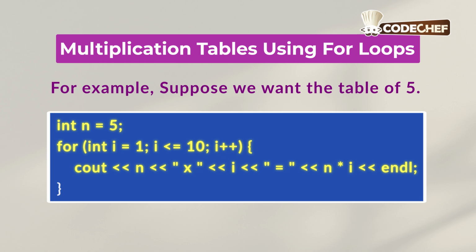Extraction operator, value of n multiplied by each value of i, and then endl, so that the result for n multiplied by all the different values of i appear in different lines. And then semicolon, curly brace close for the for loop. So this loop runs 10 times and prints the multiplication result each time. It's a simple, clean and efficient way of getting multiplication tables using for loops.